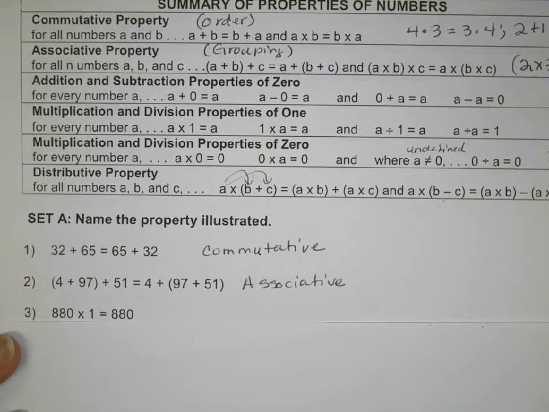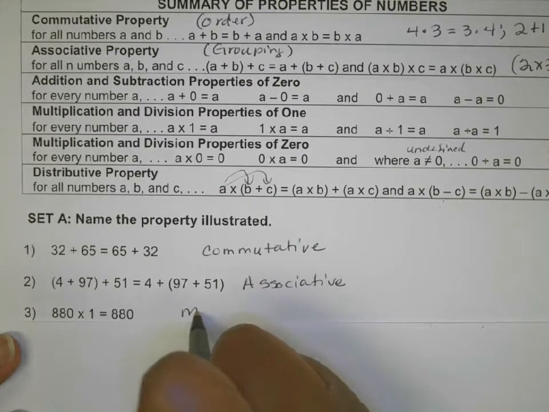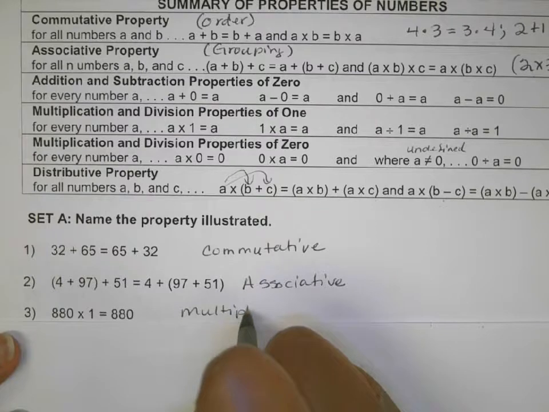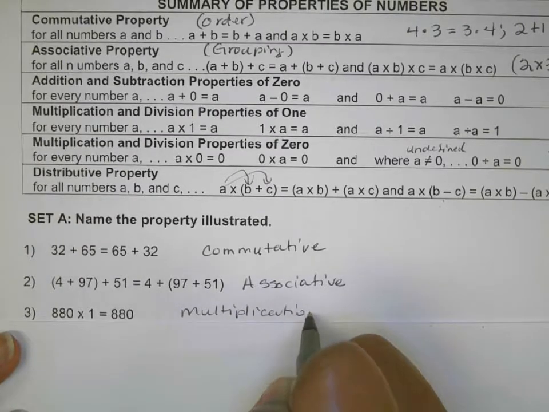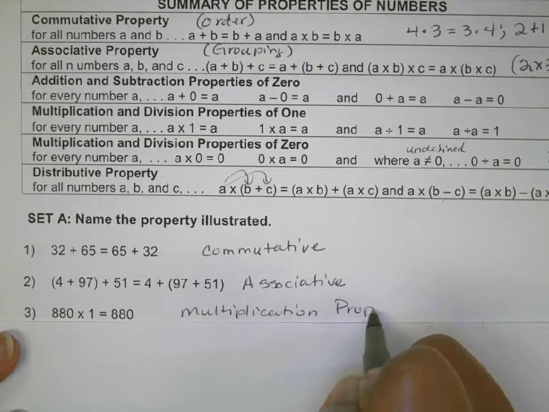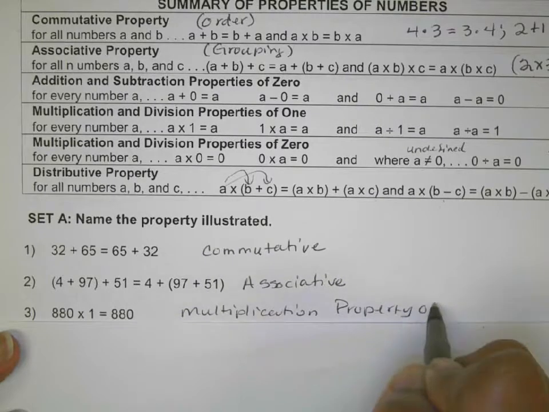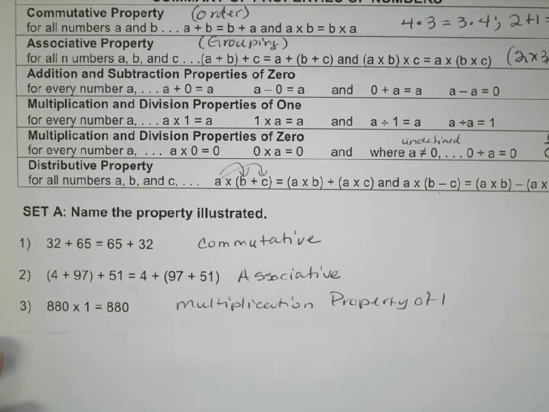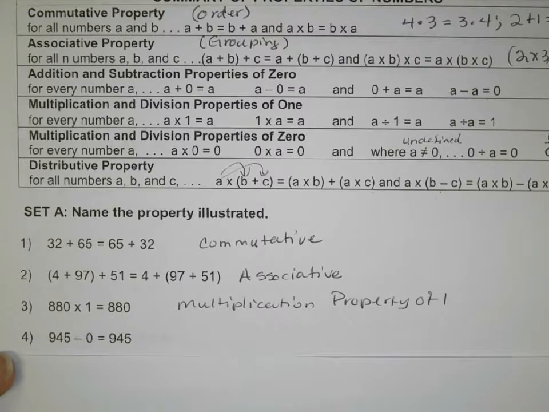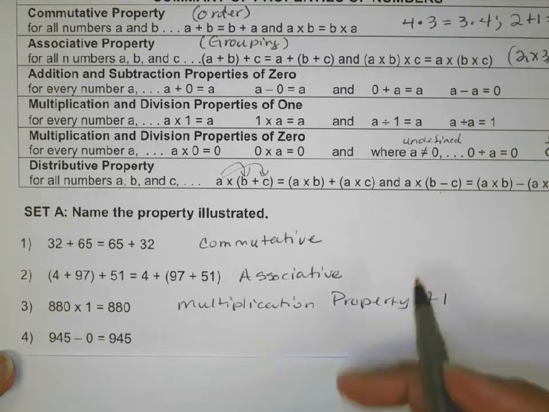Property of 1, right? So multiplication property of 1. Okay, and what about number 4? That's one of those 0 properties, right? Subtraction property of 0.